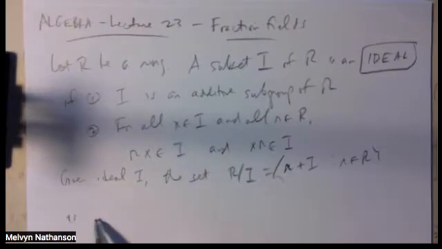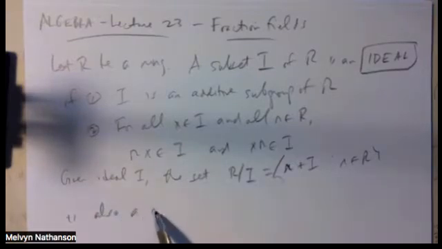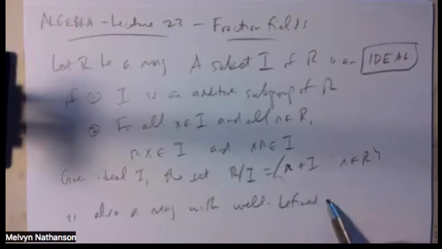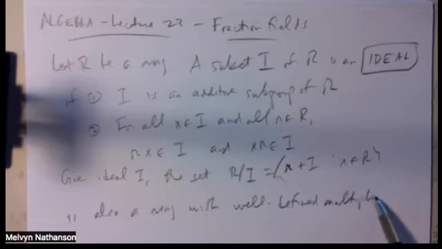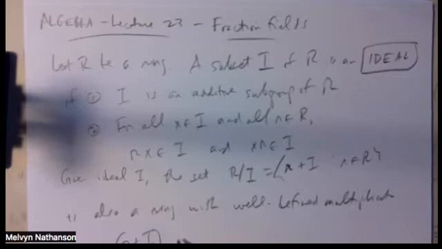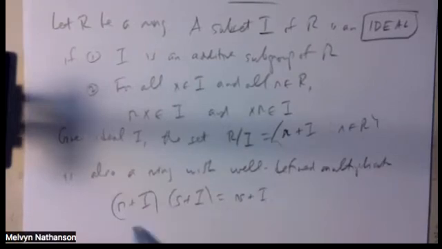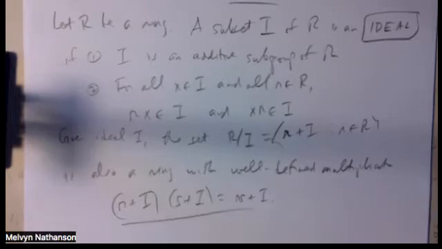But this is also a ring with the well-defined multiplication of cosets. If you have r plus I times s plus I, we can unambiguously call that rs plus I. That's the multiplication. And so we get a ring. So this is the quotient ring.